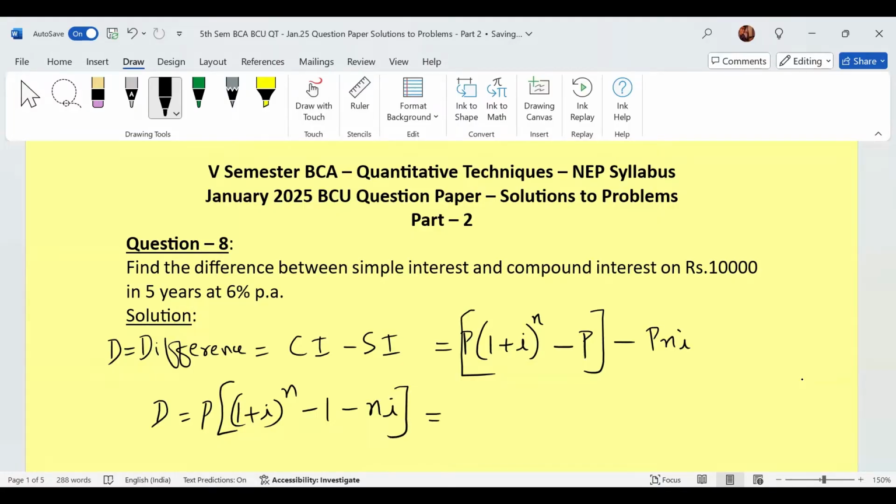Substituting the values, principal is 10,000 given in the question, and the interest rate is given as 6%, so we can write 0.06. And the period is given as 5 years, so we will put 5 here, minus 1, minus n is 5 years and interest rate is 0.06.